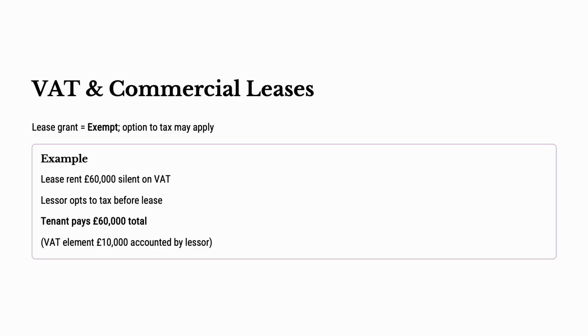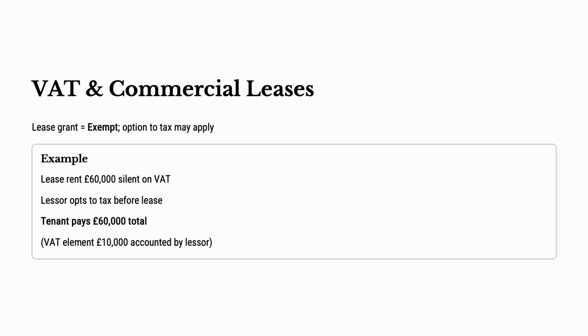Okay, the next topic is VAT and commercial leases. Let's look specifically at commercial leases because this is a common exam scenario. The grant of a lease is generally exempt from VAT, but again, the option to tax may apply. Here is an example that trips us all up. A lease sets the rent at £60,000 per year and is silent on VAT. Before the lease is granted, the landlord exercises the option to tax.